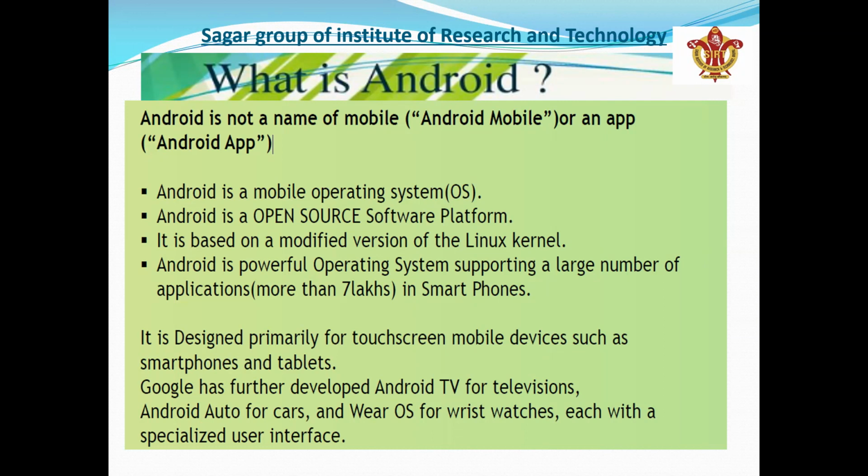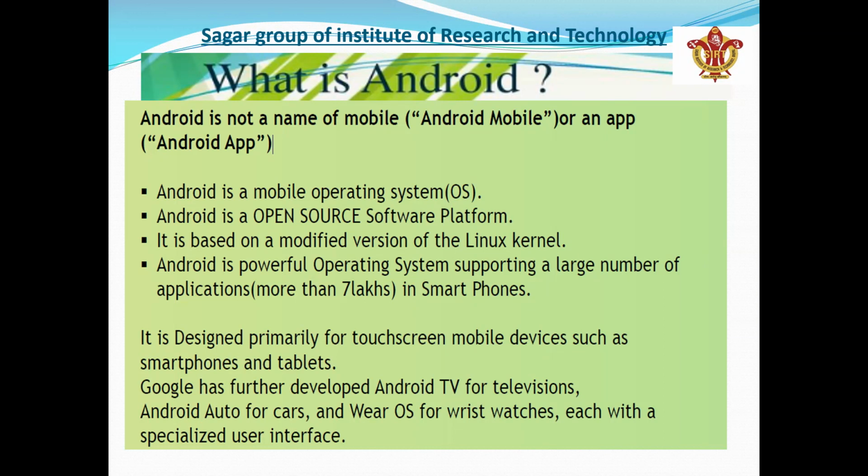It means Android has a source code which can be changed, which can be reused, which can be expanded by any user, any programmer, any company. It is free of cost.